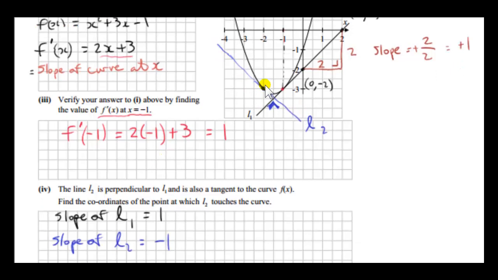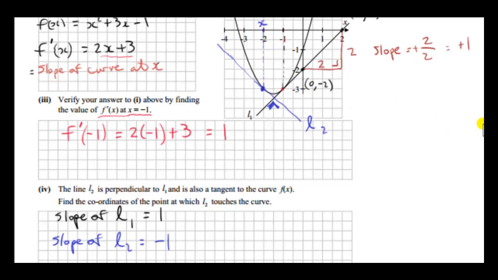But now we apply the fact that the slope of a tangent to a curve at a particular point is the same as the slope of the curve at this point. So let's suppose that the x value of this point is x. Pretend that we don't know it's actually minus 2.